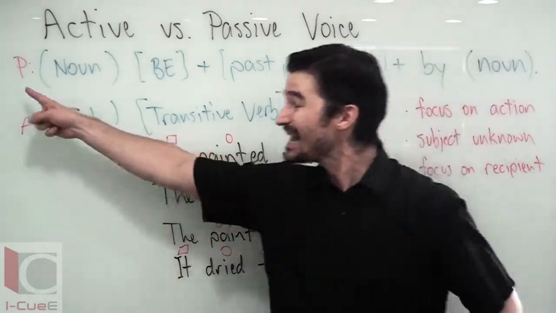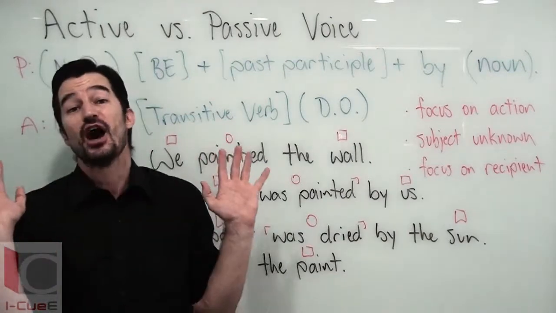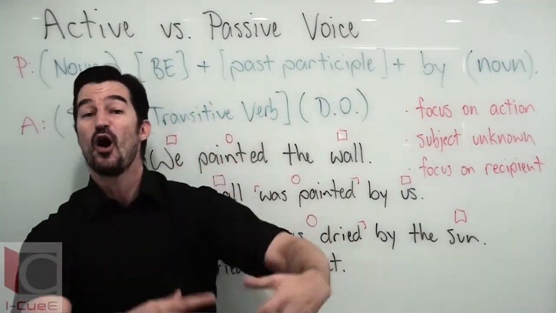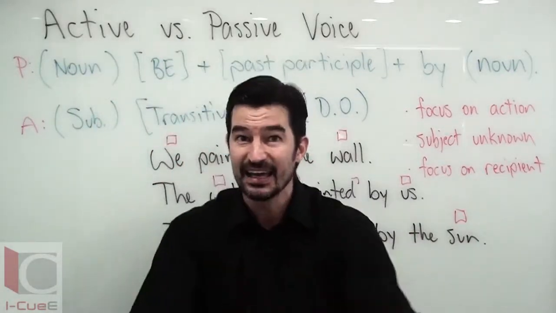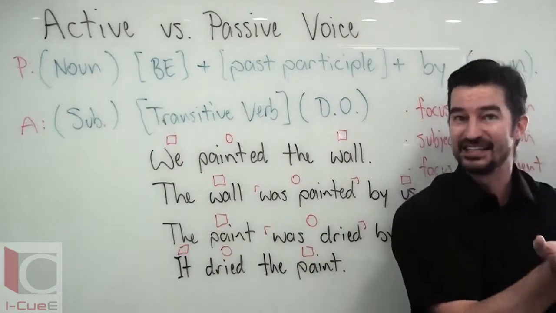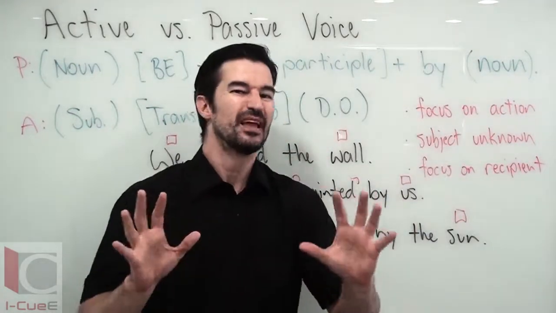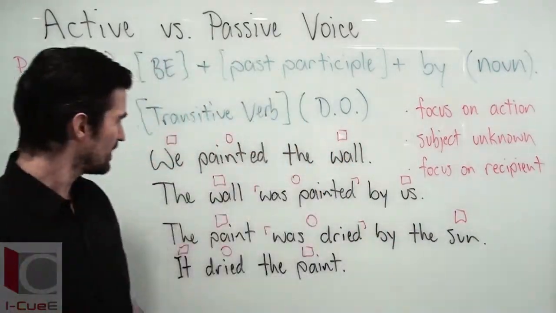But in a passive construction, the passive subject, the one not doing anything, the one just kind of sitting there, is the noun that is receiving the action done by the active object. Okay? So, in order to understand this, let's just look at some examples.